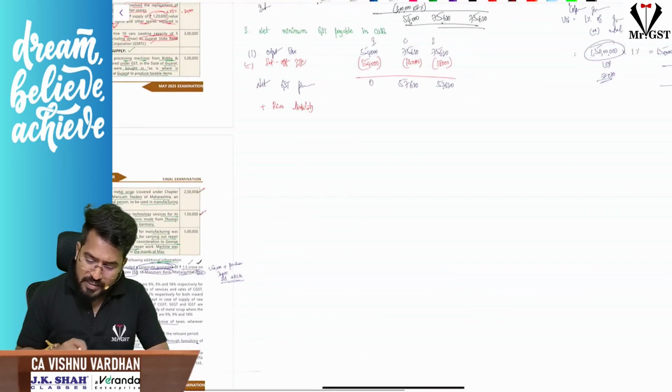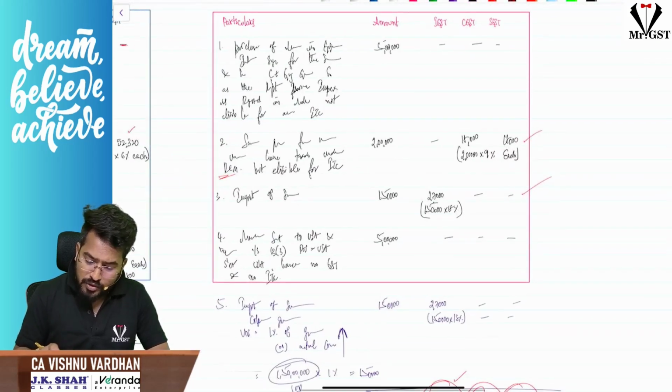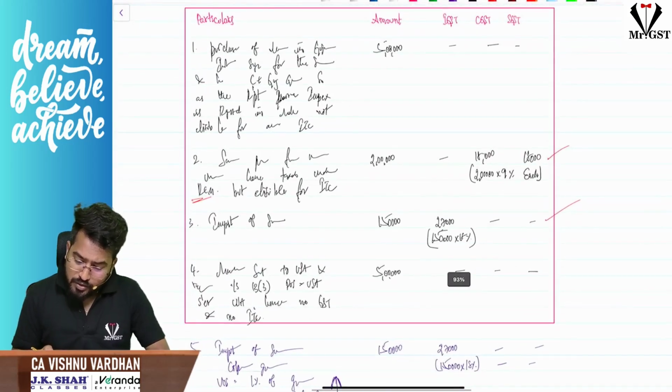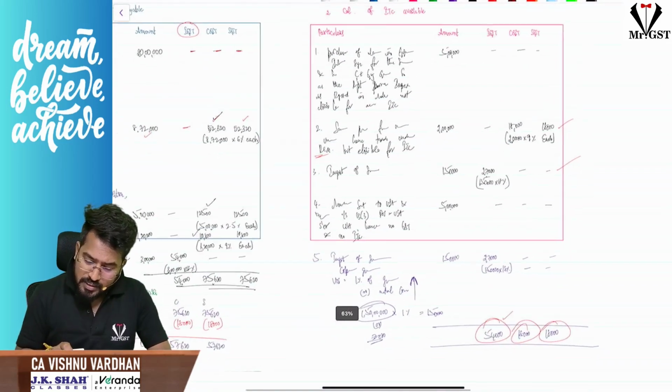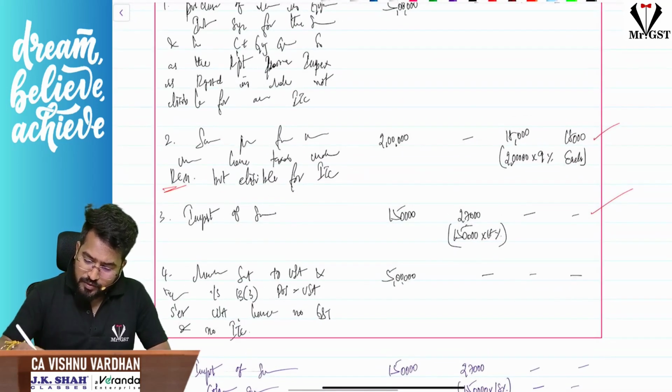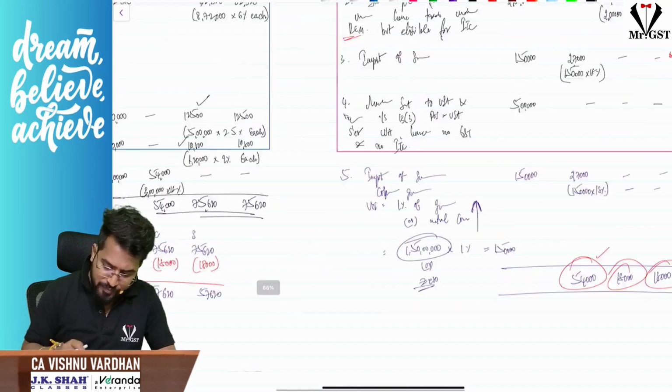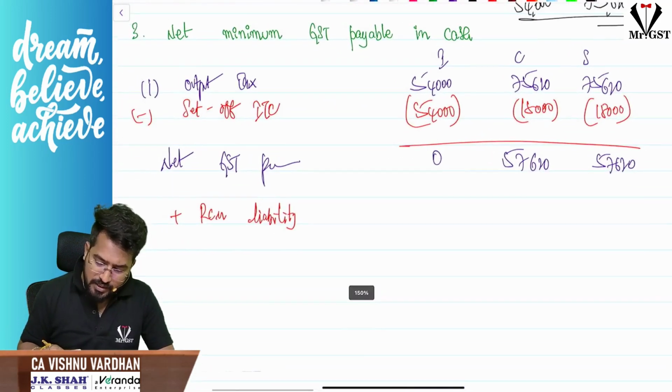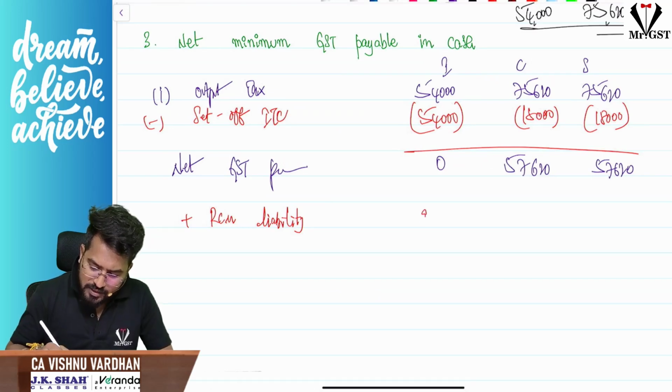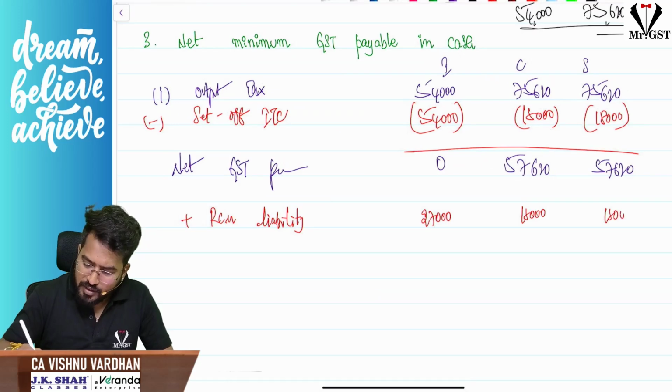So both the purchases on which we have taken ITC are under RCM only. So here 27,000 IGST RCM, 18,000 and 18,000 CGST and SGST RCM. So the RCM liability is nothing but 27,000 IGST, and 18,000 and 18,000 CGST and SGST.